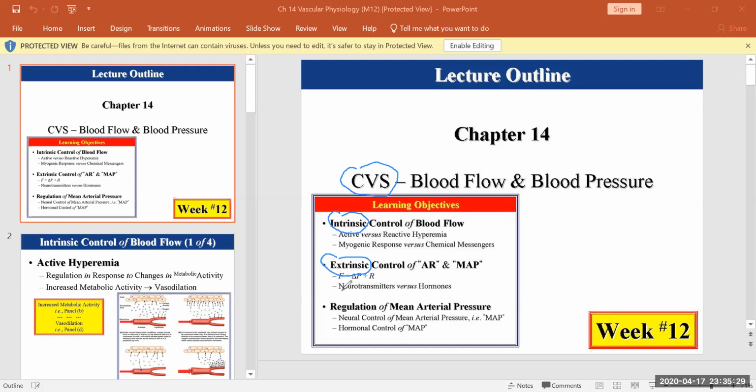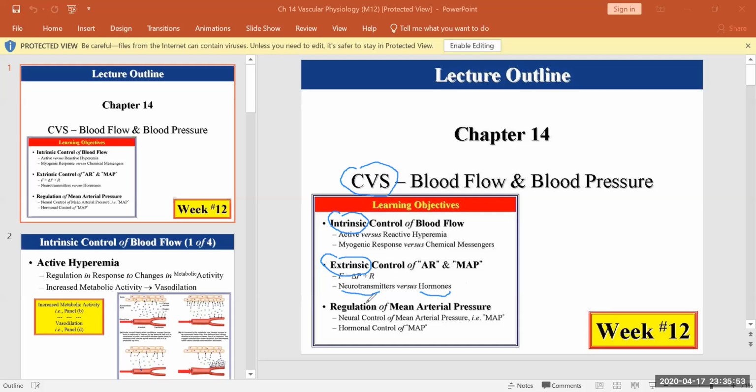That's why underneath here you see neurotransmitter. That's the chemical messengers released by the nervous system affecting vascularization, or hormones, chemical messengers coming from the endocrine system performing the same objective, meaning affecting blood flow.